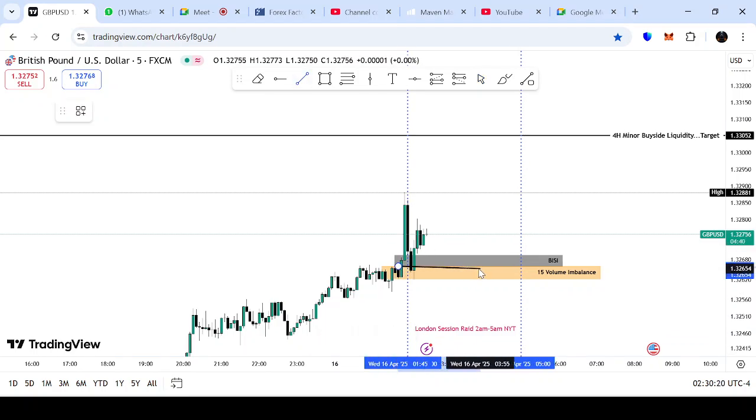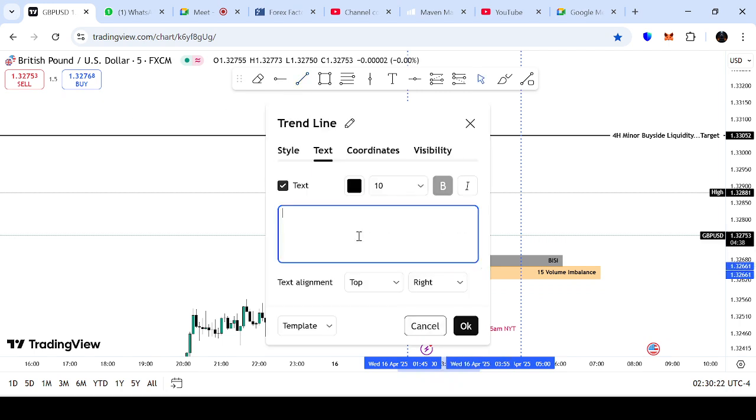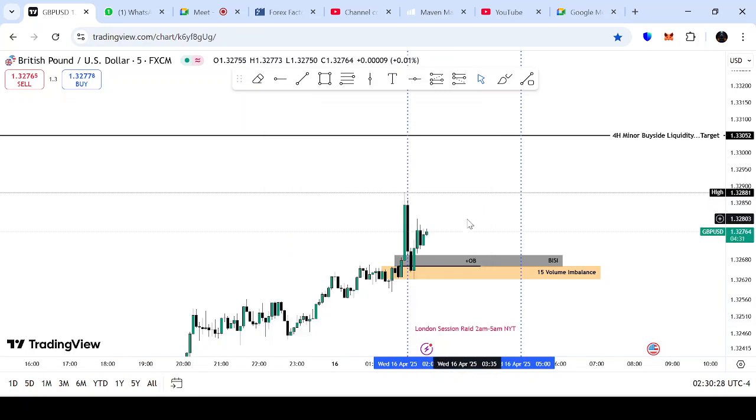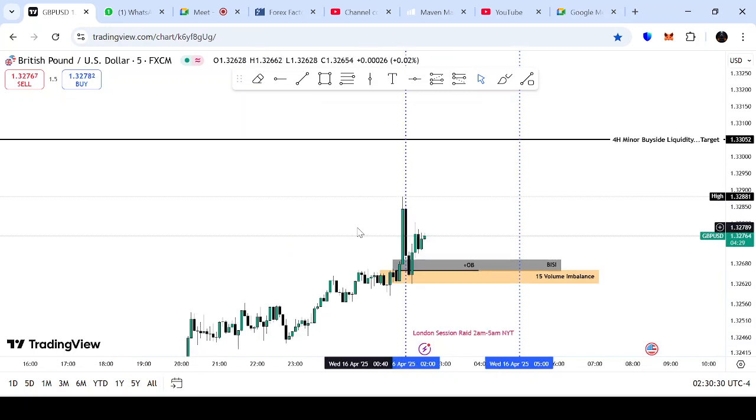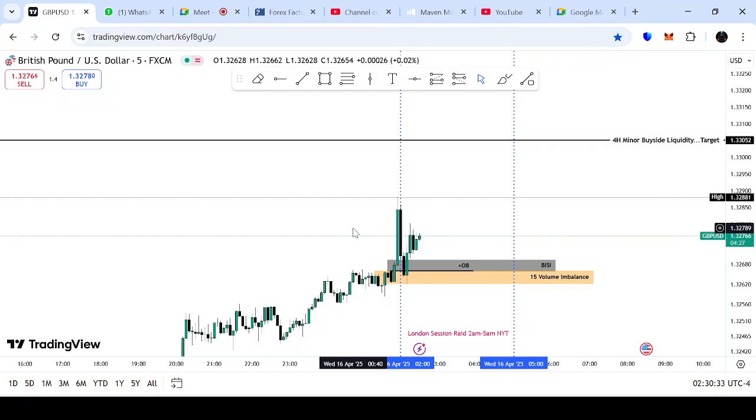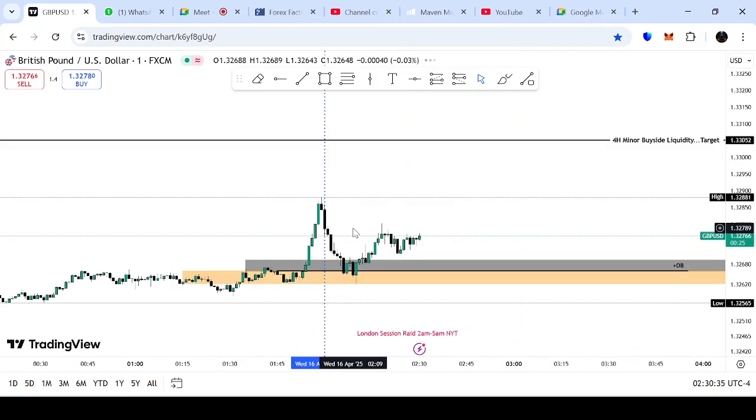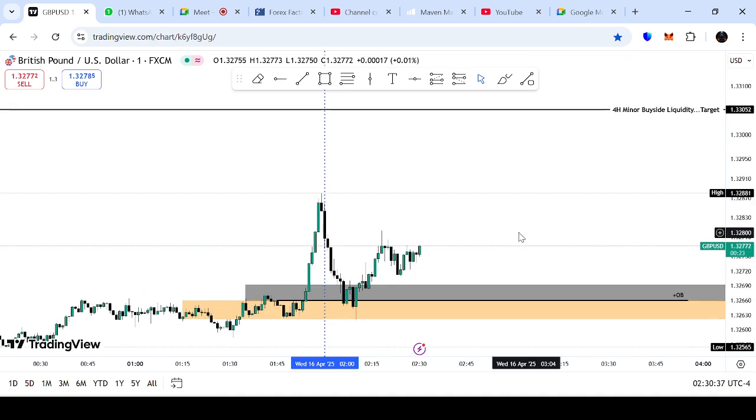This order block, last close candle there. Could check 1 minute. Use 1 minute time frame.